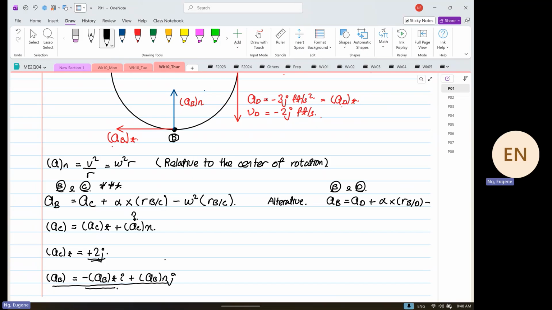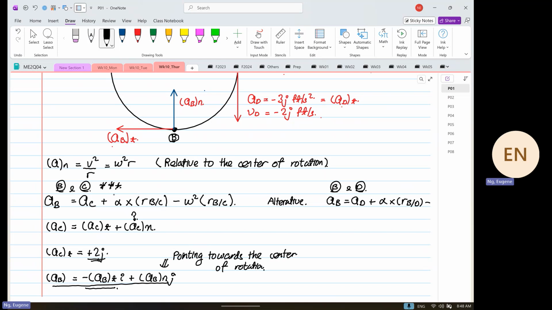Remember, the normal component is pointing towards the center of rotation.